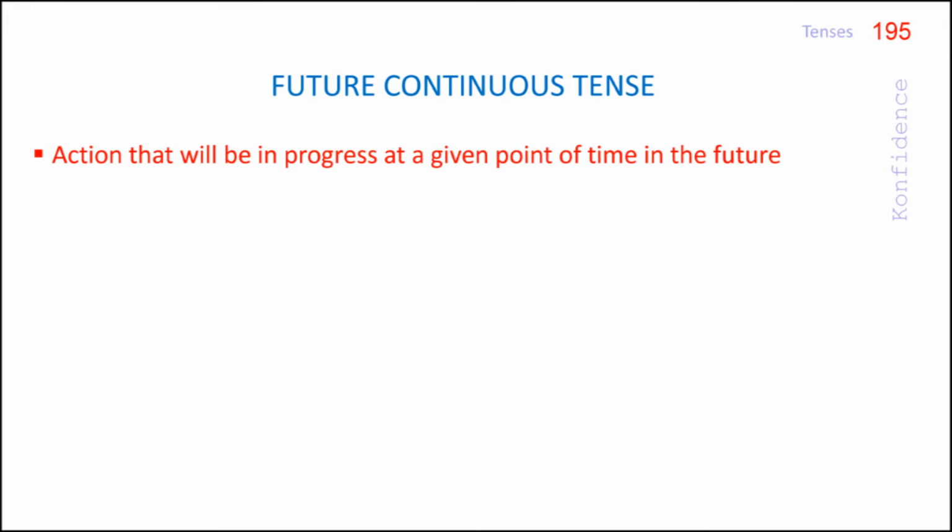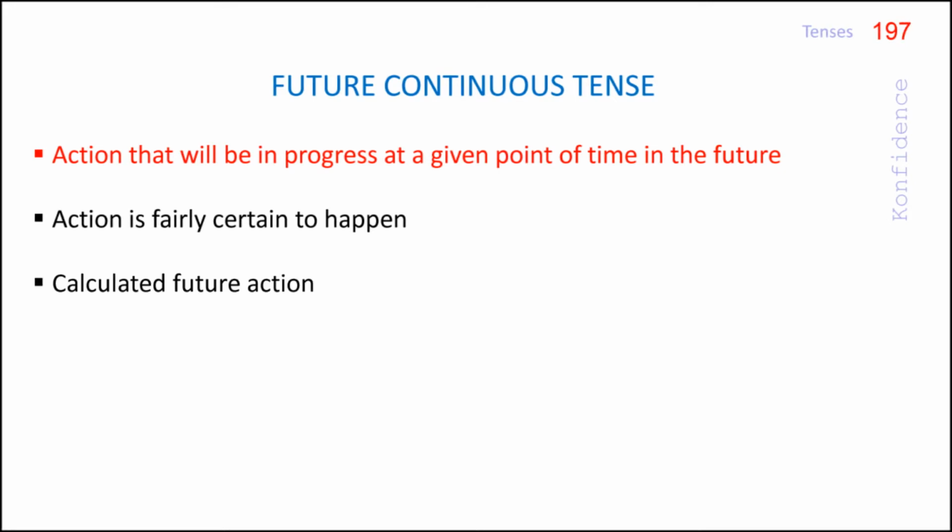Future continuous tense tells us that an action will be in progress at a given point of time in the future. This tense is preferred when the action is fairly certain to happen. In other words, future continuous expresses a calculated future action.